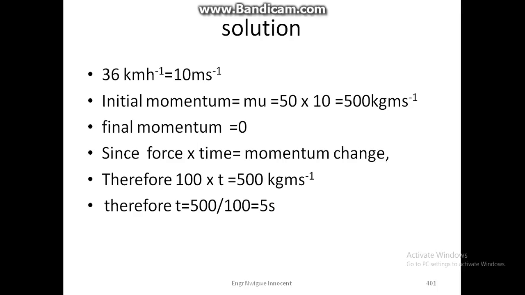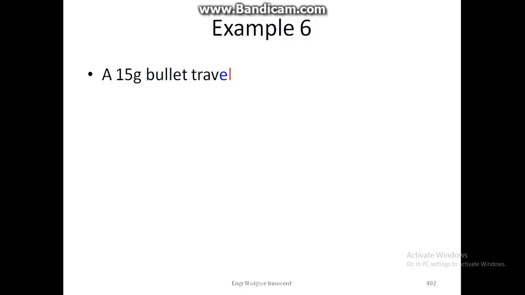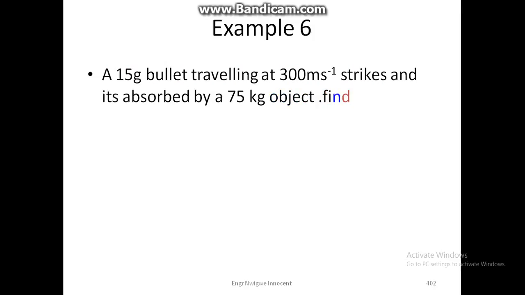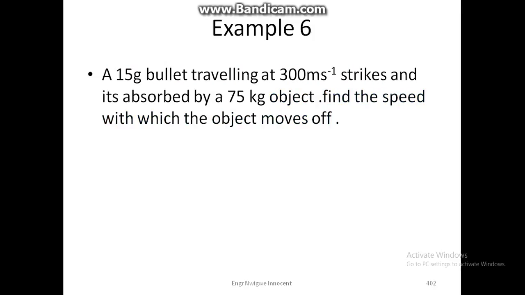Example 6. A 15-gram bullet traveling at 300 meters per second strikes and is absorbed by a 75 kilogram object. Find the speed with which the object moved off. Solution.